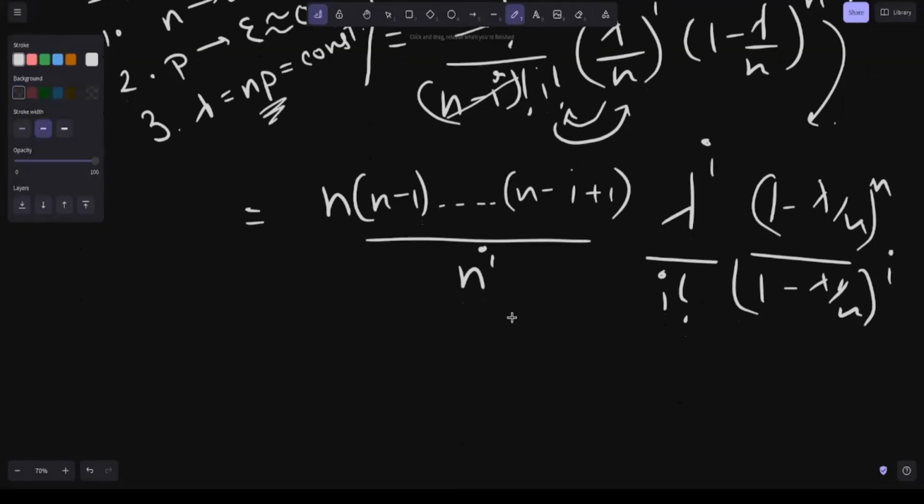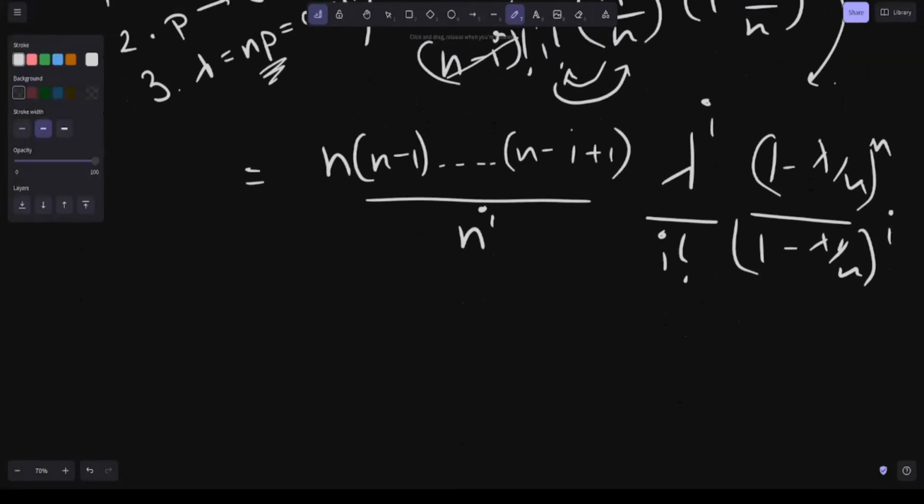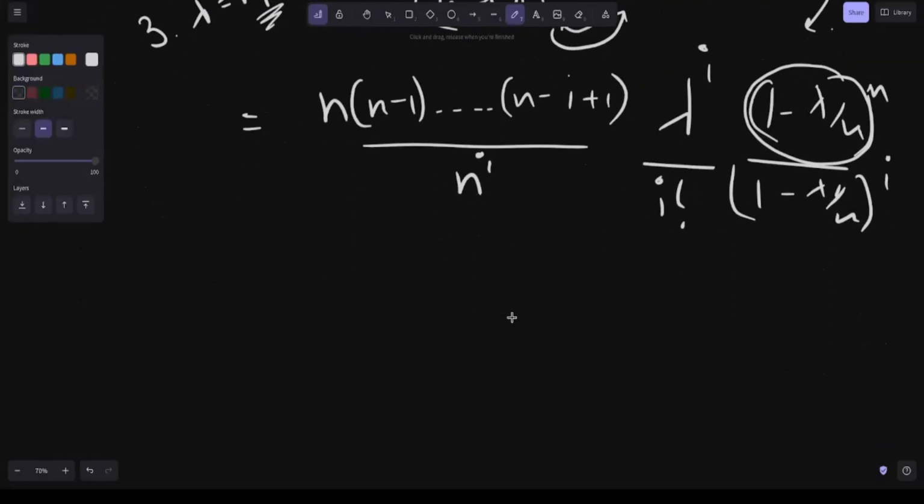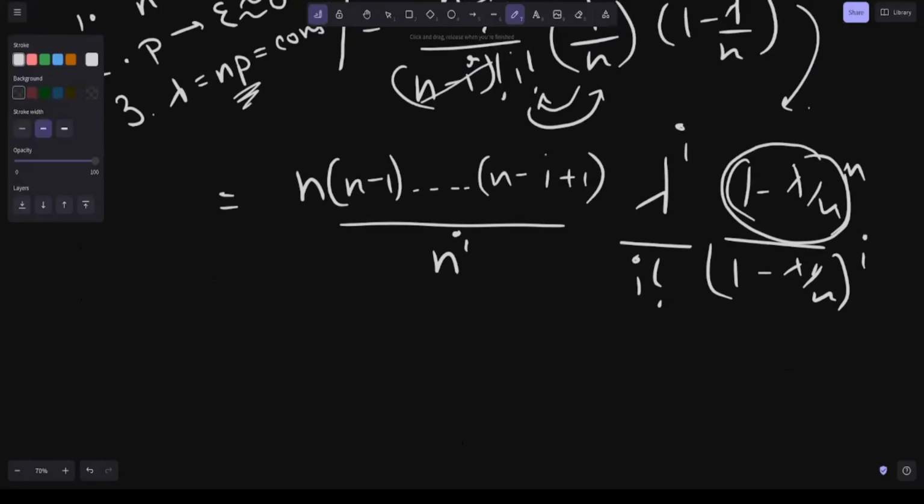Okay, now this term, since lambda is constant and n is very large, this term becomes of the form 1 minus 1 by x to the power x, where the limit x tends to infinity, and this value is nothing but e.